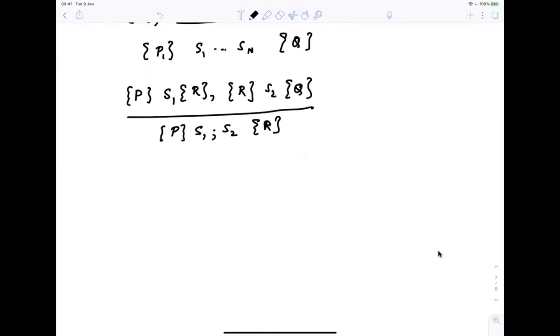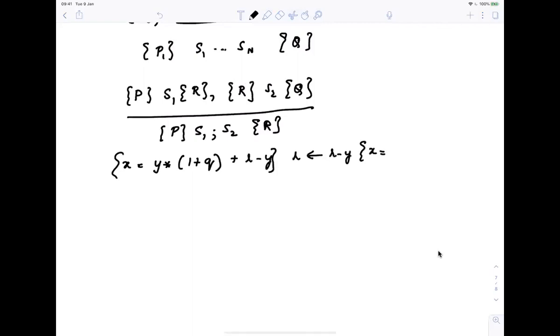Again, let us take this example here. This is a very nice example where we combine the consequence rules. x is equal to y star (1 plus q) plus r minus y was the precondition. Then we assigned r equal to r minus y. Then we got x is equal to y star (1 plus q) plus r as the postcondition.